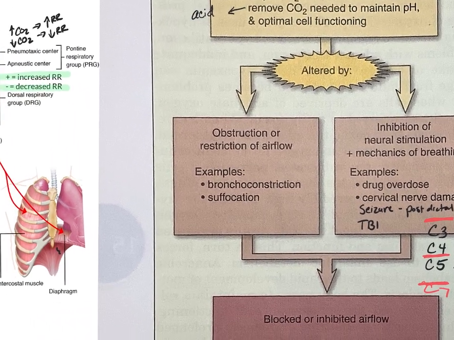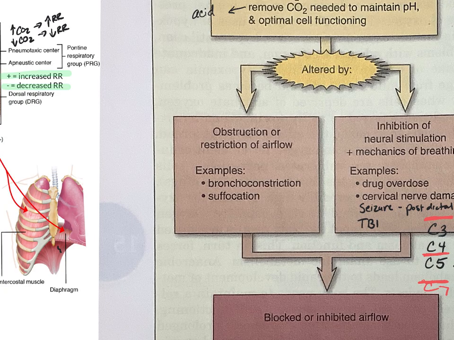Now, ventilation can also be impacted by obstruction or restriction of airflow. Bronchoconstriction. What do you think might be an example of that? Asthma. Yeah, asthma. And that's due to that inflammation, right?